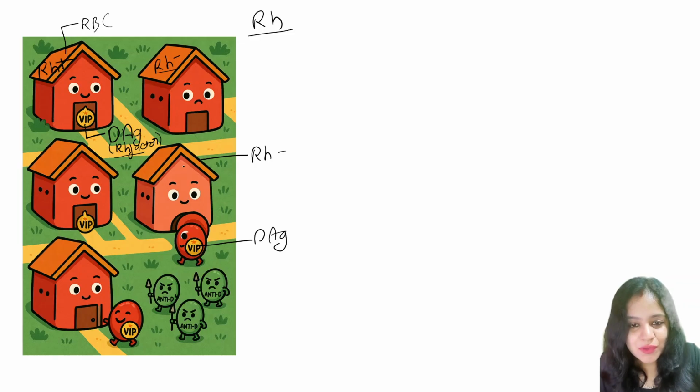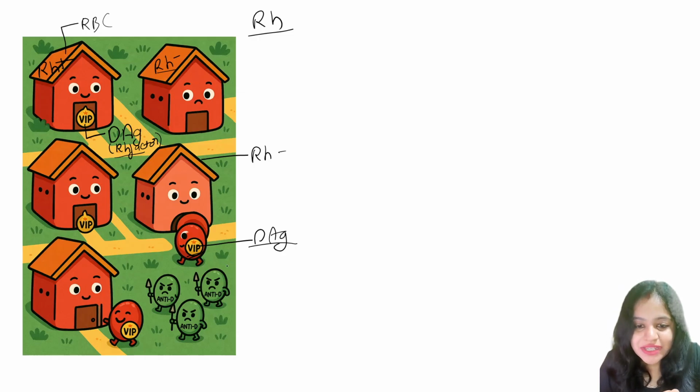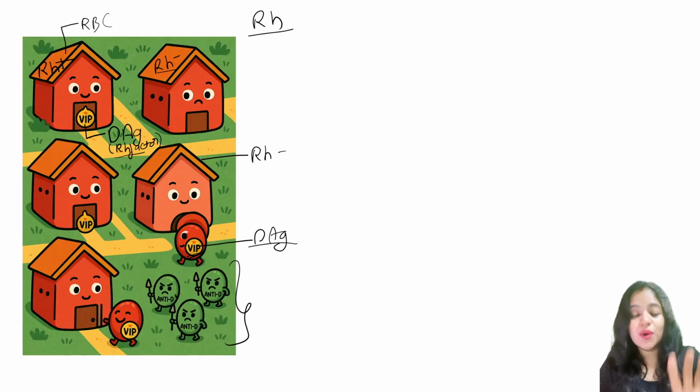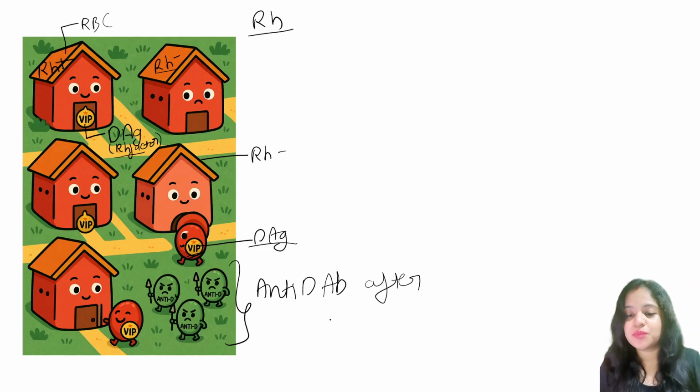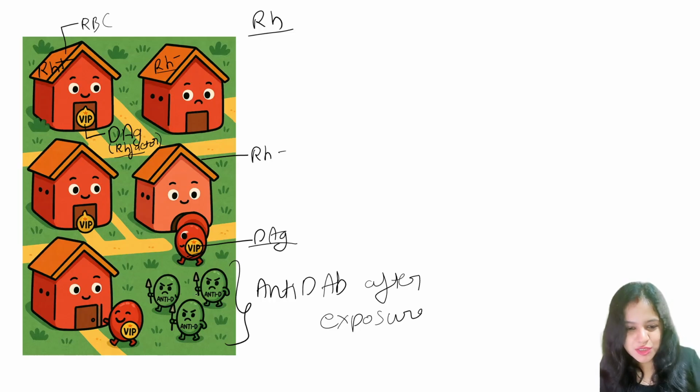For this house, this D antigen, this VIP sticker, is foreign. It will not recognize it as something of its own. What will it do? It will start making anti-D antibodies. These anti-D antibodies are only formed after exposure.